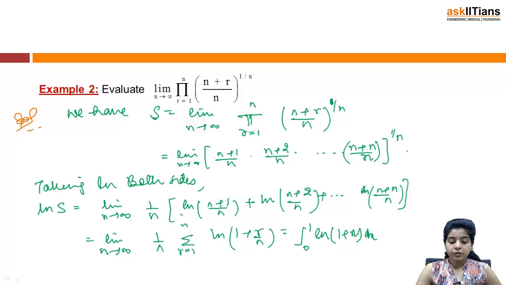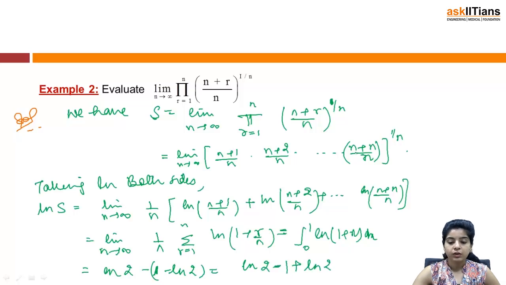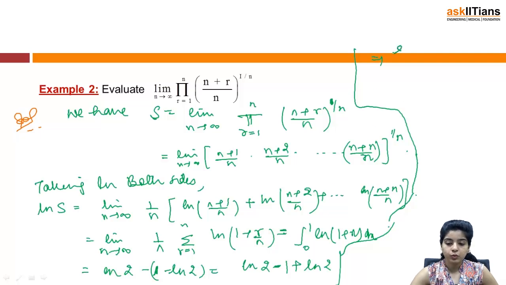So this is quite simple. We have reached the integral 0 to 1 of ln(1 + x) dx. This is simple integration. You take 1 as the second function and ln(1 + x) as the first function, integrate it, apply the limits 0 to 1, and you get ln 2 minus 1 plus ln 2, so that becomes 2 ln 2 minus 1, which is ln 4 minus ln e.